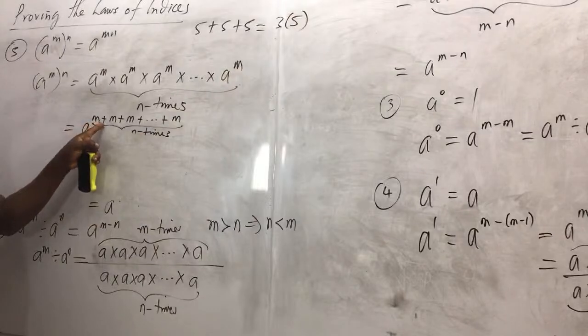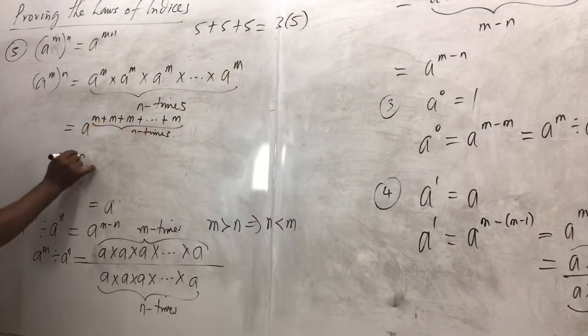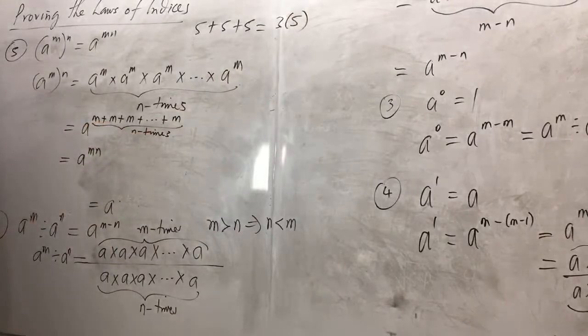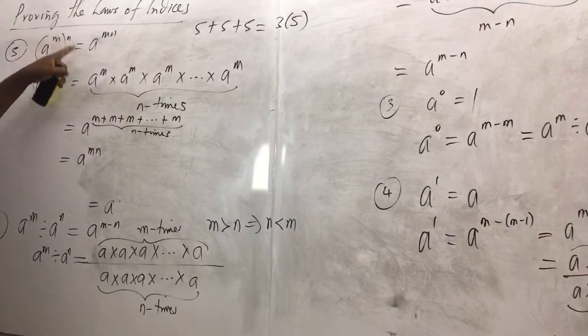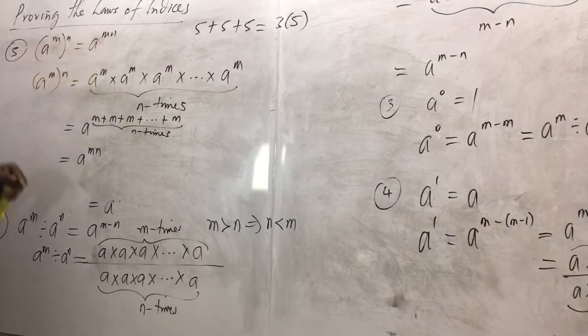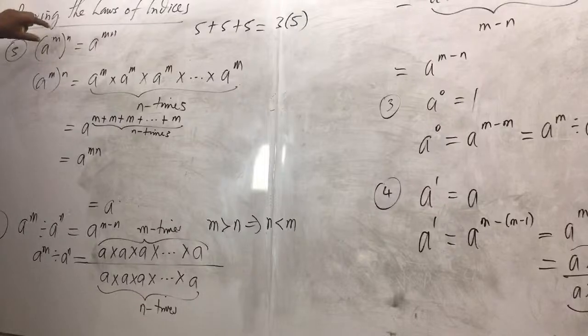So adding m n times is the same thing as mn. So that proves this law. A raised to the power m in bracket n is the same as a raised to the power mn. So when a number in index form is raised to another power, the two powers will multiply themselves, and that is the proof of that law.